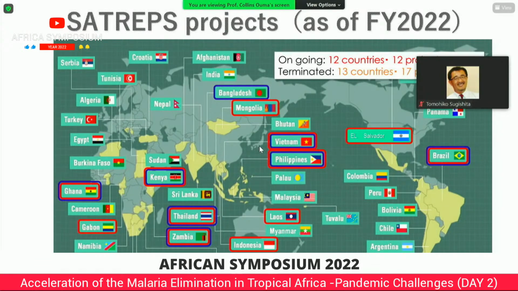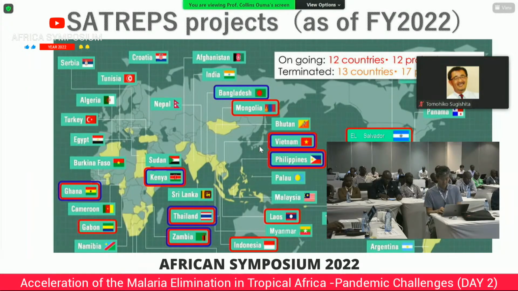This slide shows the partner countries of SATREPS projects that have been carried out so far. As shown here, collaborative research has been conducted in many countries in Africa, Asia, and Latin America. Next slide, please.